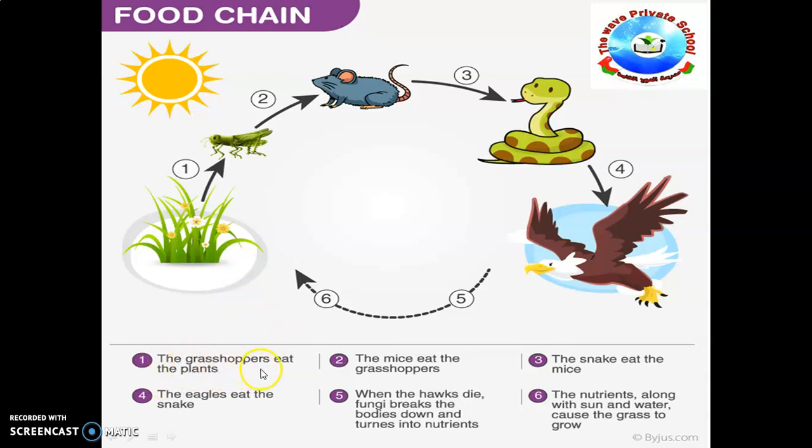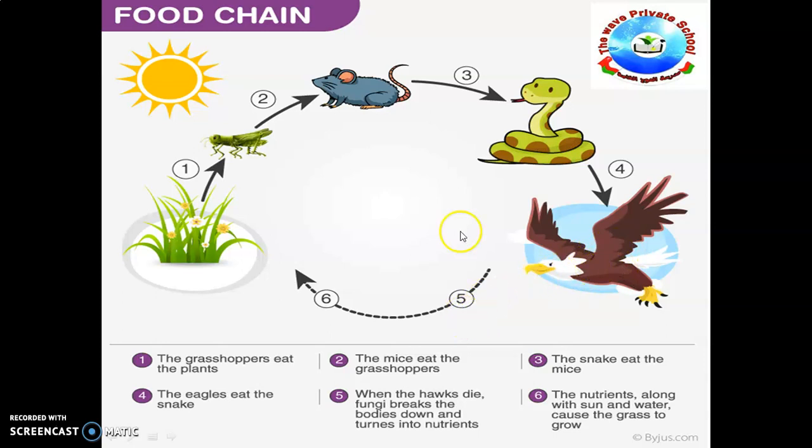The grasshoppers eat plants. Here you can see the grasshopper eats plants. The plants are eaten by the grasshopper, the grasshopper is eaten by the rat, the rat is eaten by the snake, and the snakes are eaten by the vultures and eagles.